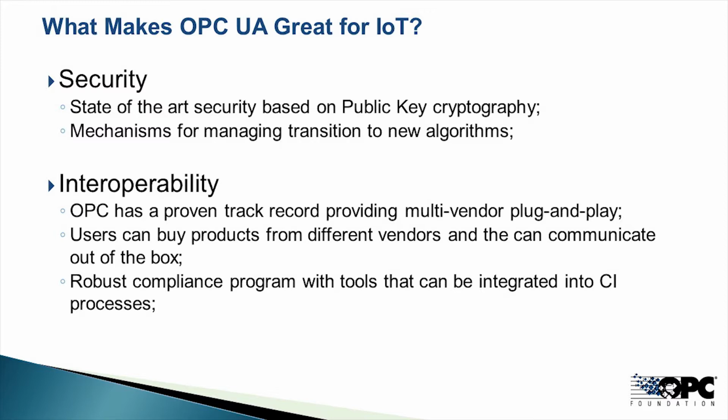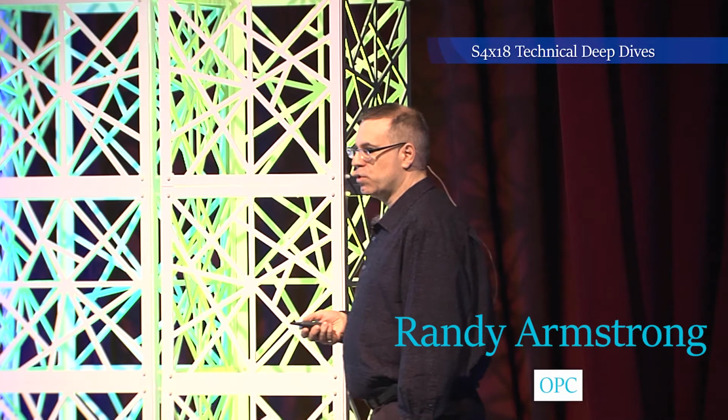And we ensure that capability through a specification development process which focuses on implementation, making sure that we can implement everything in the specification before we release it, and a compliance program where we have tools which vendors can use to verify their applications to make sure that they actually comply with the specification.